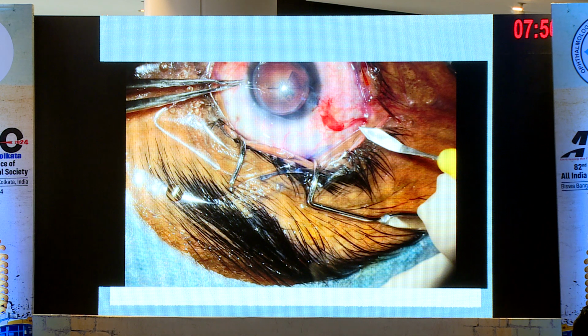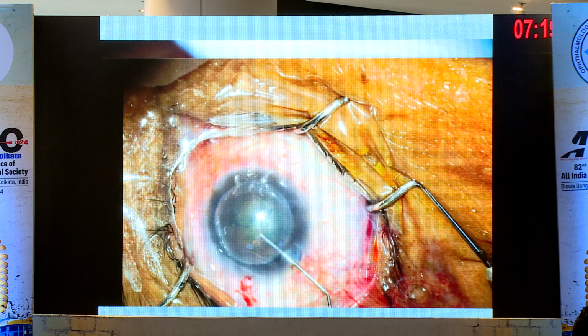If it is a decentered graft, choose the side where you have more working space, so that your entry is away from the edge of the DSEK graft. Sometimes you will have some posterior synechia or peripheral anterior synechia in DSEK, and it's important to use this opportunity to also release those attachments. Otherwise, sometimes after surgery, those synechiae can increase, and it can even trigger a graft rejection.